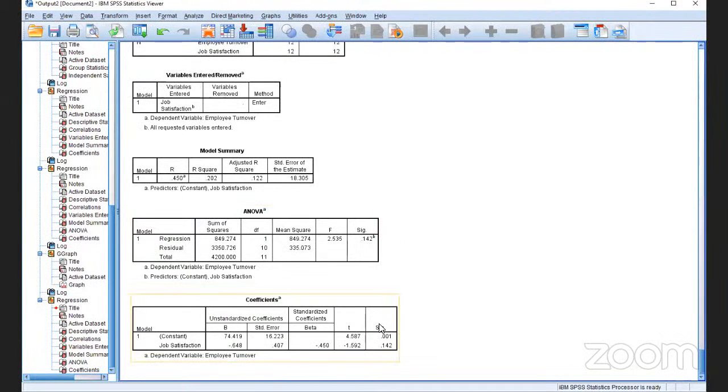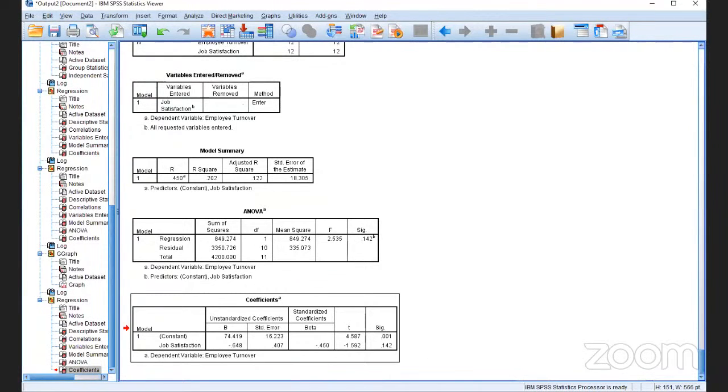So what is the output? Here the dependent variable is employee turnover and the independent variable is job satisfaction. What is the relationship? It is not significant. Not significant means p value greater than 0.05.